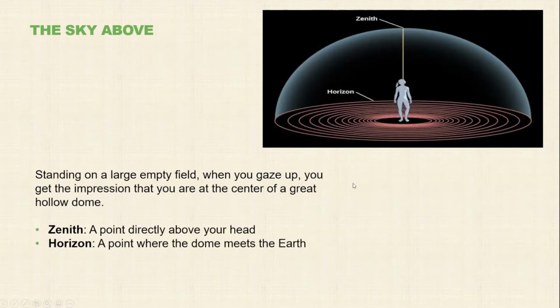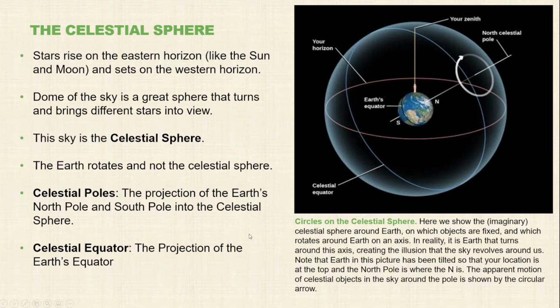And so now let's expand this a little bit. Okay, this is a very simple version. So now we know what horizon is, what zenith is, what dome is, and to take it one step further, that dome is actually an imaginary sphere.